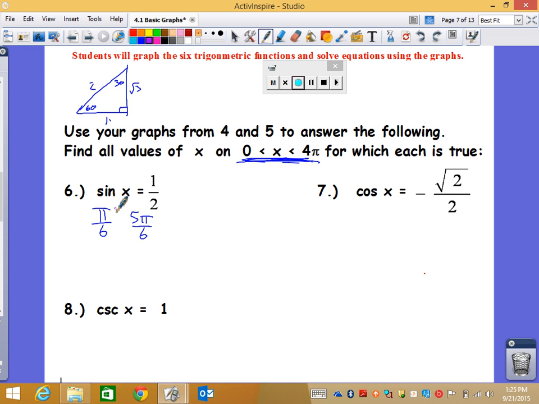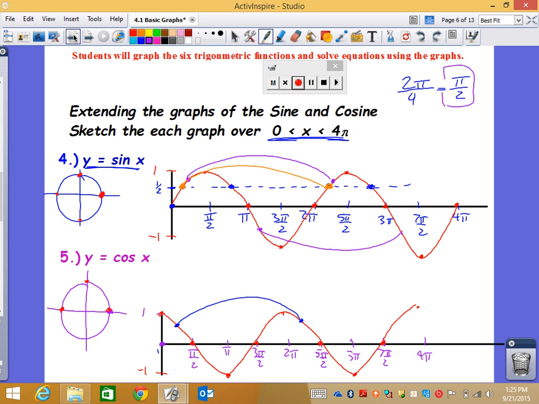Well, 2 pi is 12 pi over 6, so I get 13 pi over 6. Again, add 12 pi over 6 to my 5 pi over 6, and I get 17 pi over 6. And these are my 4 answers. Those are the 4 x values that cross my 1/2 line.